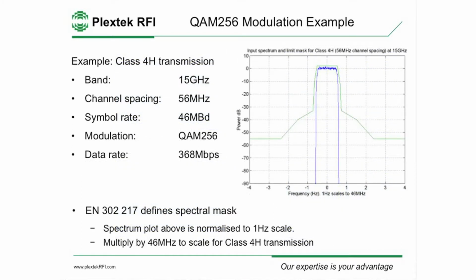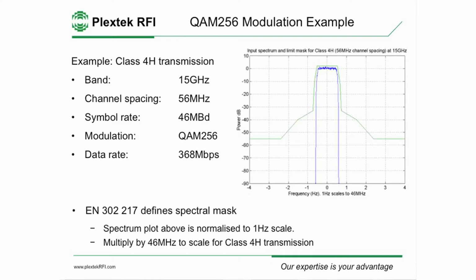This shows the modulation spectrum. This is the pure modulation spectrum, this blue trace. The root-raised cosine filtering has helped us keep this in a nice, tight, self-contained spectrum. This green trace here is the mask, the legislative mask for the class 4H transmission.